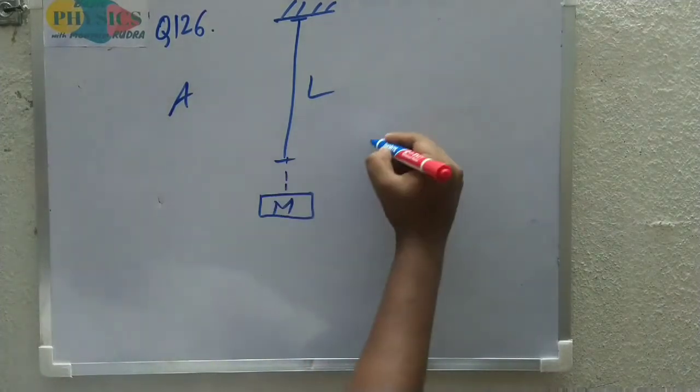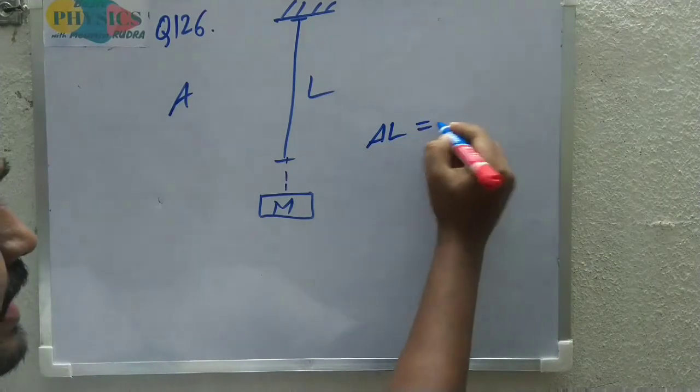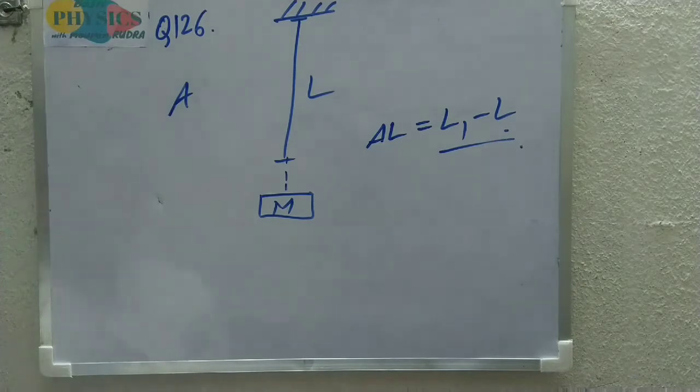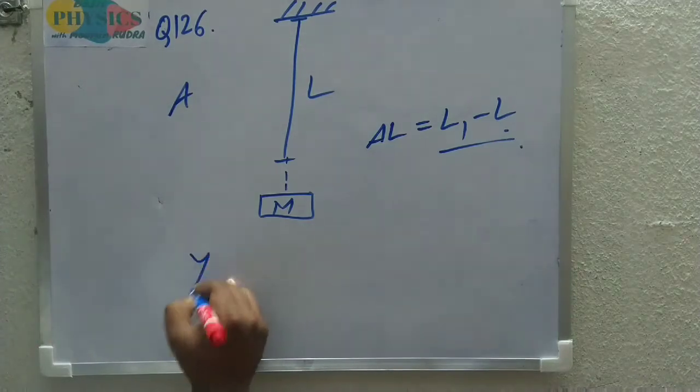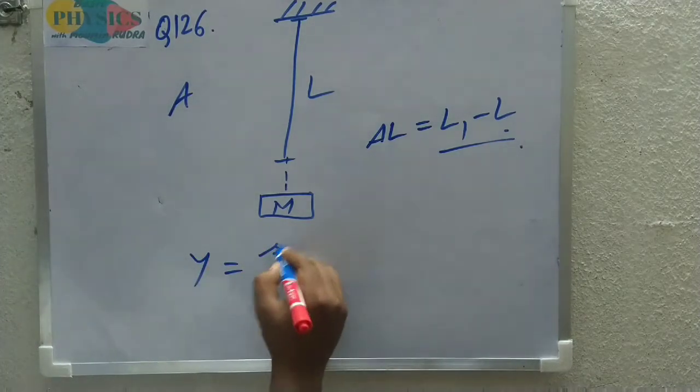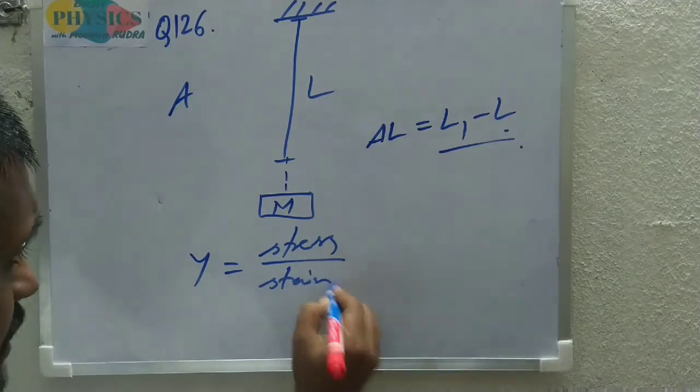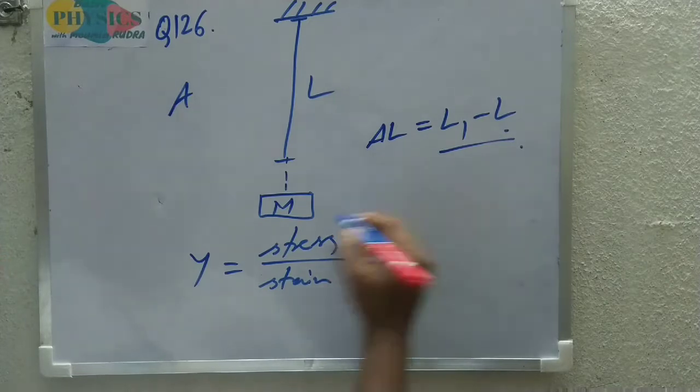So the change in length delta L equals L1 minus L. Young's modulus Y will be stress by strain. So stress means force.